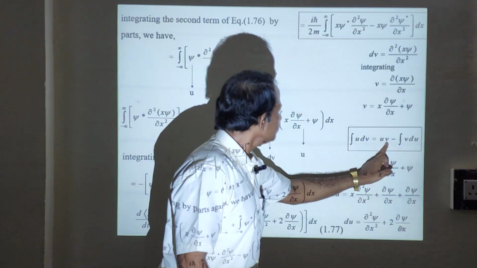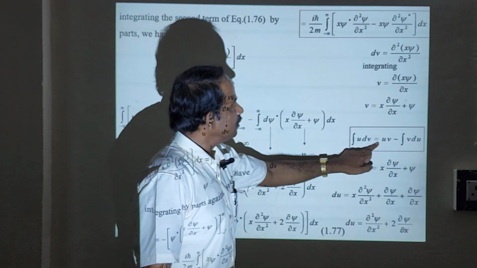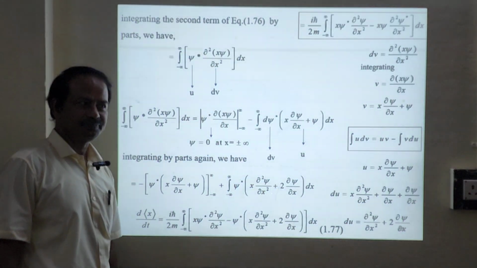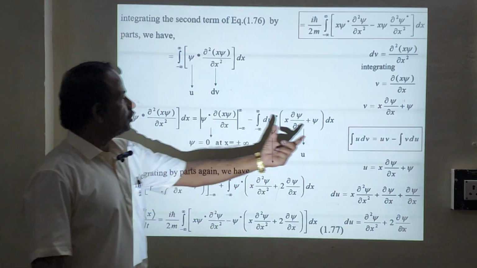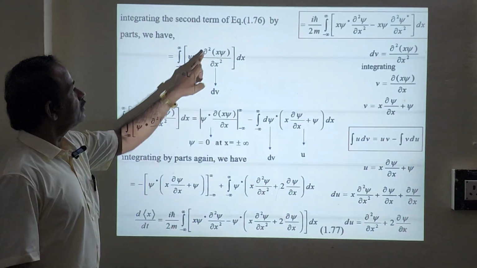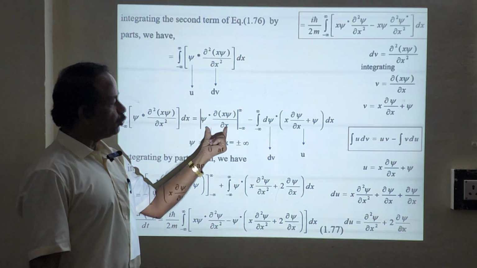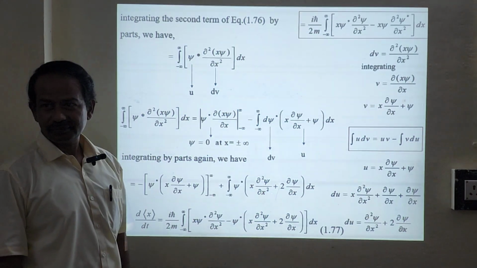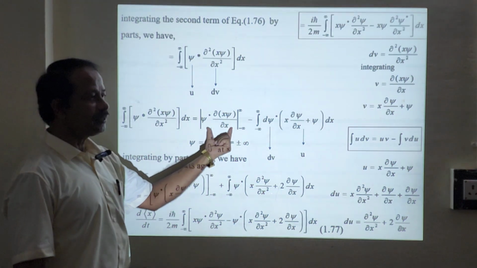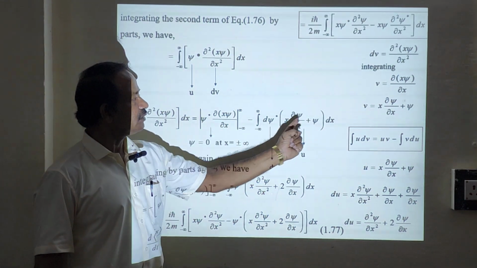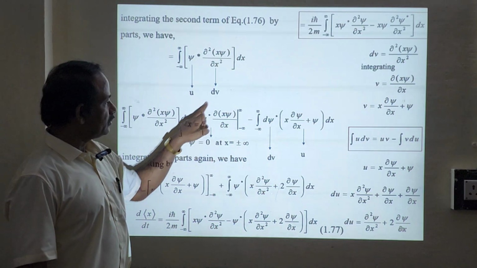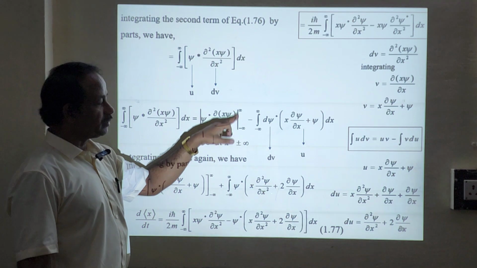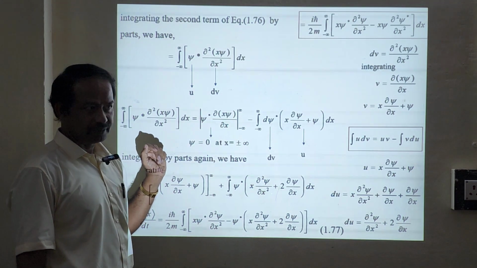So v is known, u is already there, only thing is du, just differentiate, you will get du, d psi star. So you have this term, which is equal to uv minus integral of v du. Is it okay? uv minus integration v du. Look at this term, we have given the limits minus infinity to plus infinity.